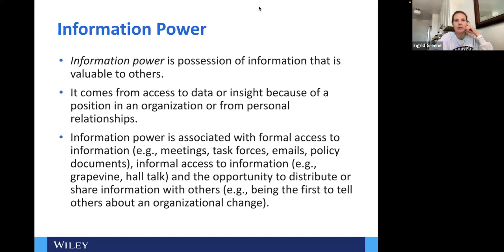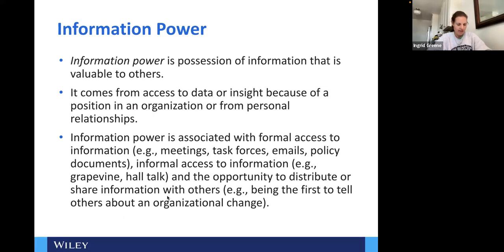And then information power, kind of circling back to this expert idea, is that people have information that's valuable to others. It comes from access to data or insight of a position or in an organization, or from personal relationships. So again, you learn about new technologies, the next greatest project that's coming around the bend, the merger or acquisition that's about to happen, etc. So it can come from meetings, task forces, emails, policy documents, grapevine, right, hall talk, and then the opportunity to distribute that information.